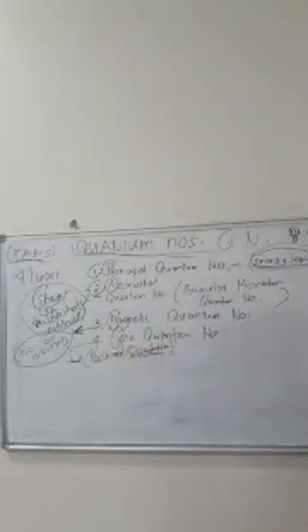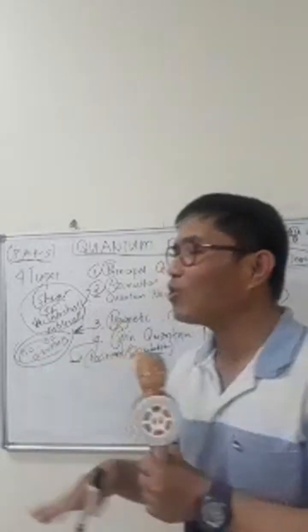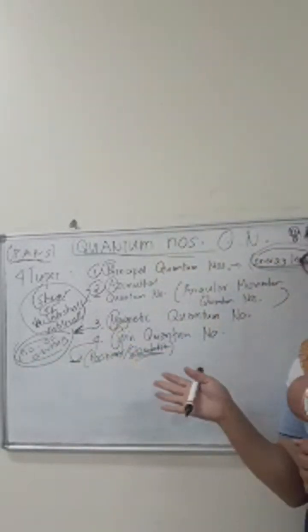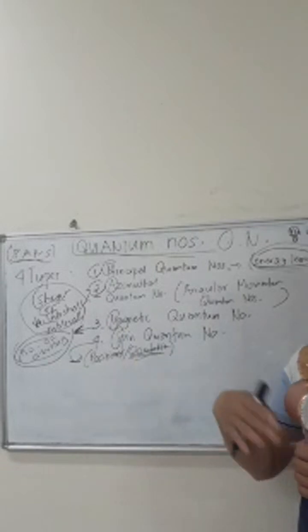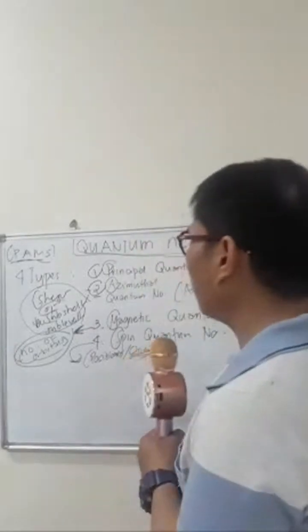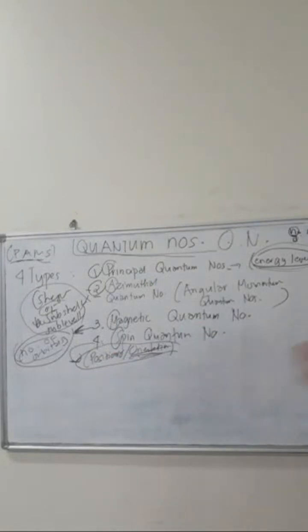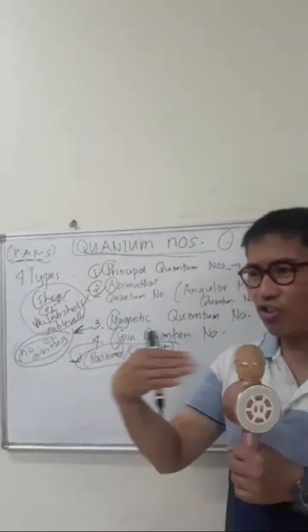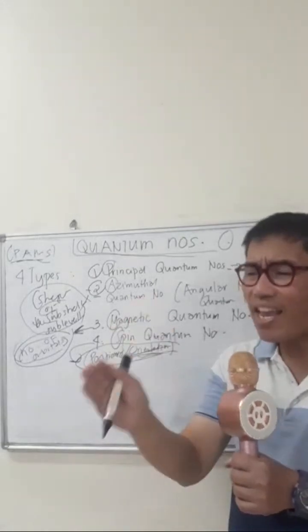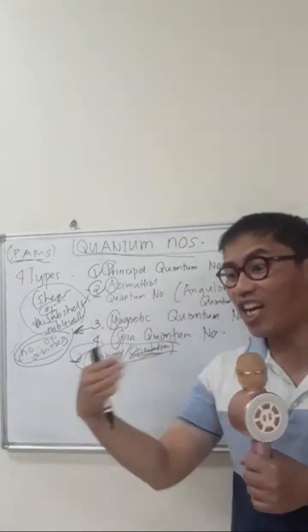So I will say it determines or describes the number of orbitals available within the sublevel and subshell. Meaning, it will determine how many orbitals there are in the s, p, d, f subshells and sublevels. Number 4, positioning and orientation. The spin quantum number describes the electron positioning and orientation when they occupy each orbital in the energy level.